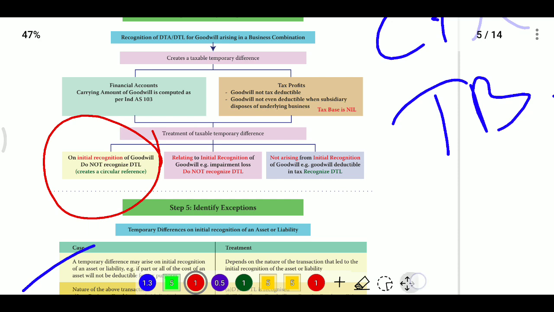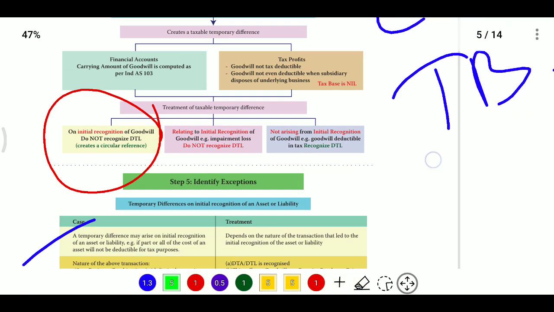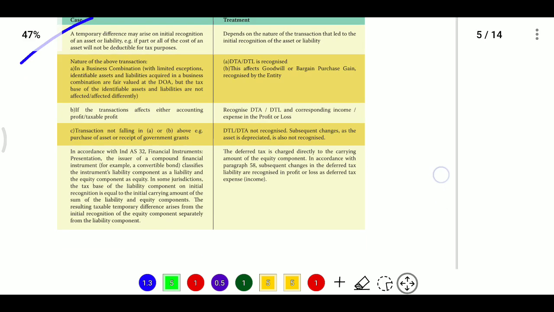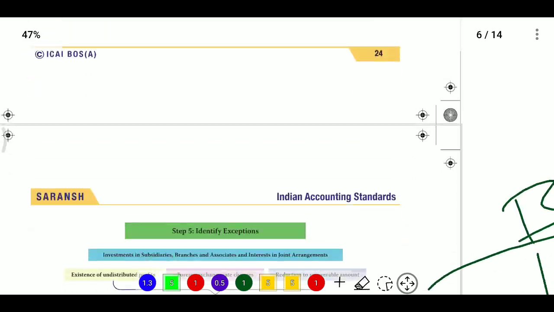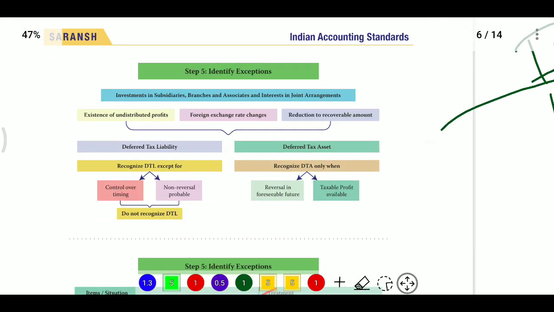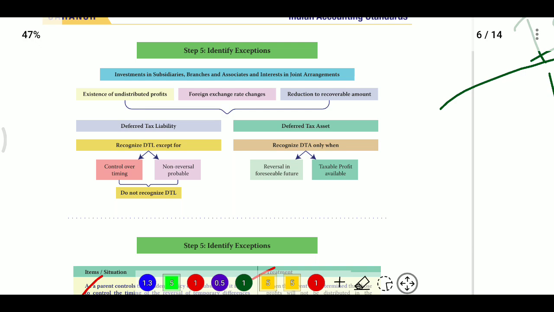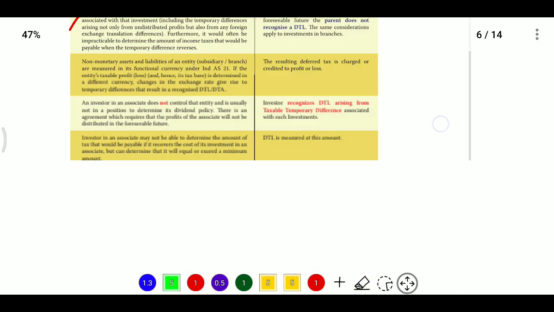The entity recognizing the DTA, we check the DTA position. After some cases, we talk about business combinations. If you have any undistributed profit, foreign exchange rates, or reduction in recoverable amount, we need to recognize that amount.